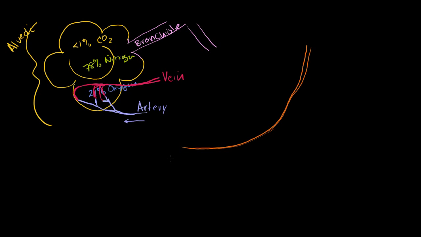Let me do that in a neutral color. So this is the capillary that's running right along the surface, just like that. And this is porous to gases like oxygen, nitrogen, carbon dioxide. And let's say the heart is over here.